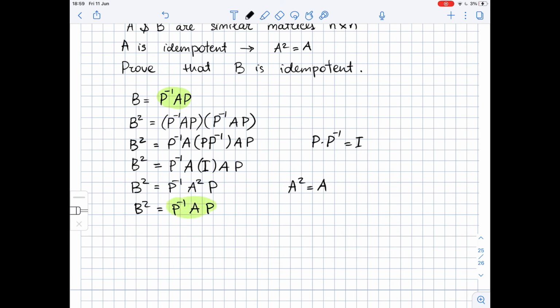So we know that P inverse times A times P equals B. So we get that B squared equals B.